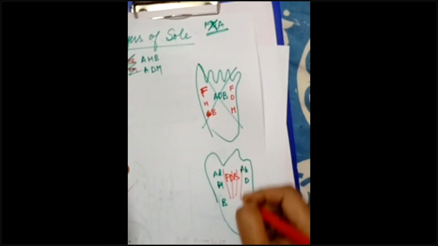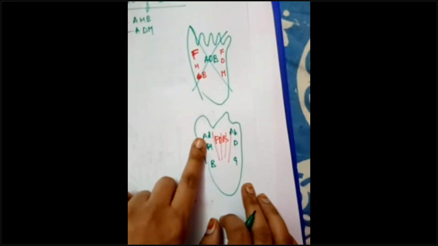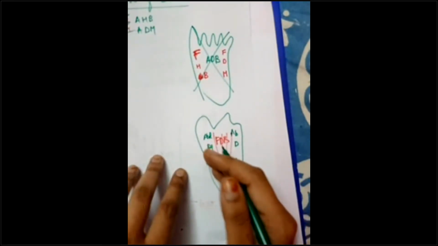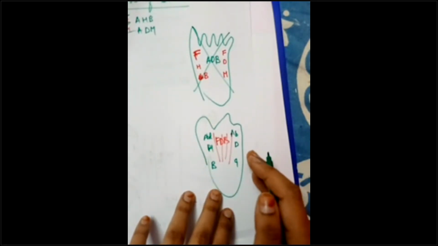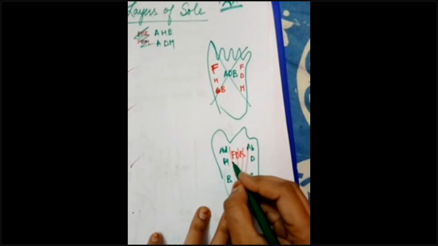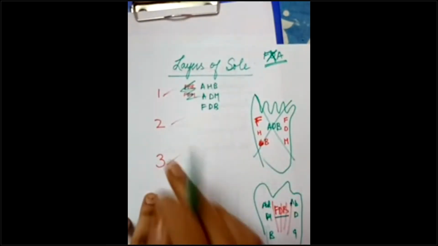Okay, sorry for the mistake. First you will have abductor hallucis brevis, and the digiti minimi will also say, I also want that: abductor digiti minimi. Done. In between this you will have flexor digitorum brevis. Two layers done. What I said, the third layer is the same.